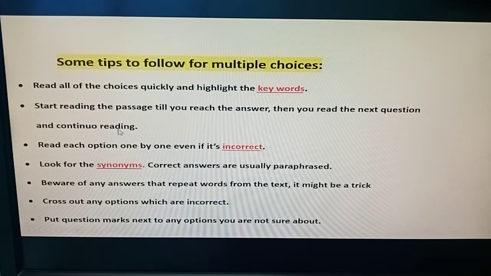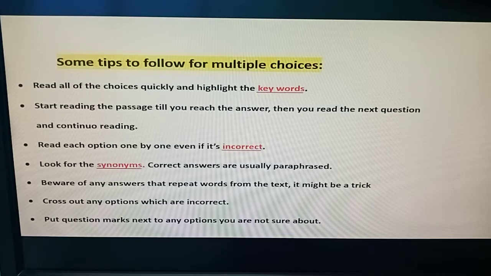So the strategy of answering multiple choice. Of course you're going to have a passage, and then you answer the questions out of the passage. So what should you do first? Some candidates prefer to read the whole passage and then read the questions and start answering, and some prefer to read the questions and then go to the passage.